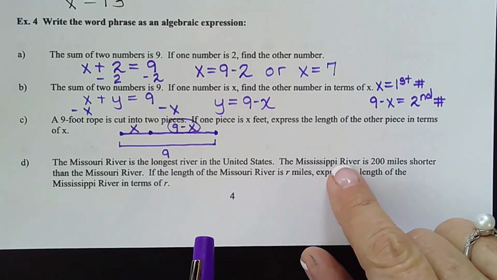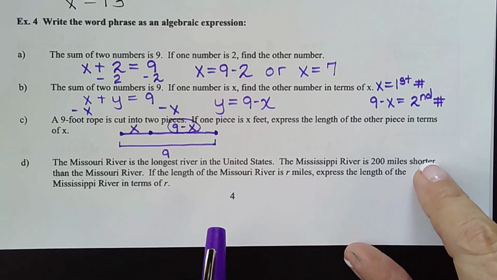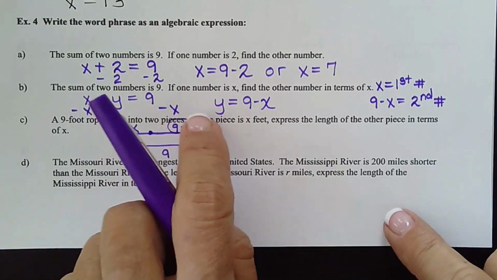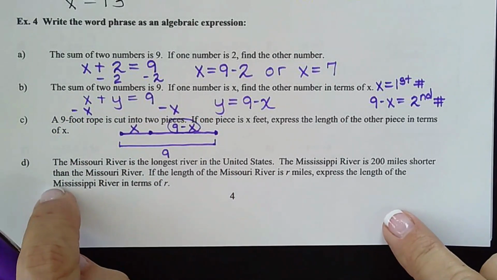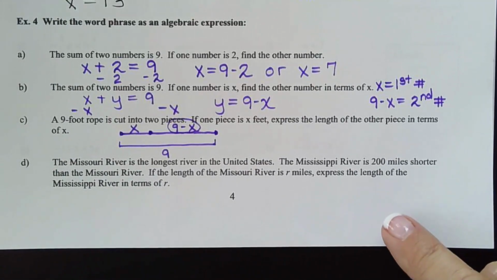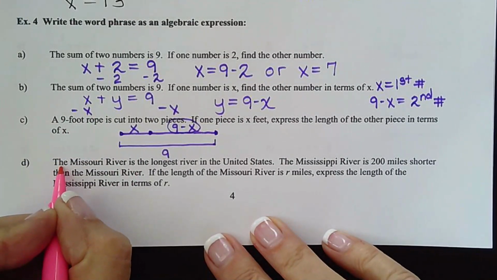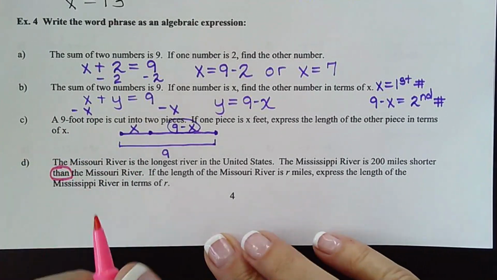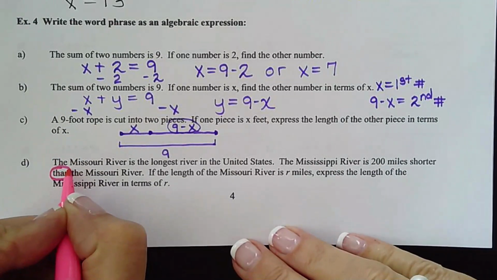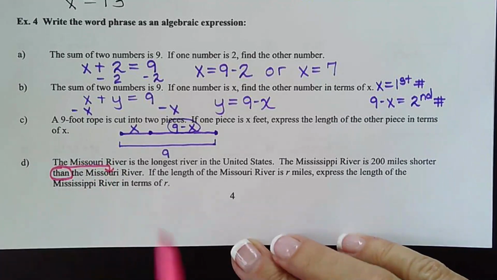The Mississippi River is 200 miles shorter than... remember how I said they're either going to be total or they're going to have the word than. So we learned the other day in lesson 1, sorry, that whatever follows than is our x.